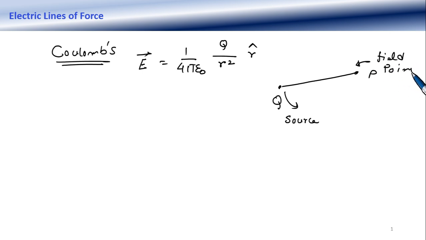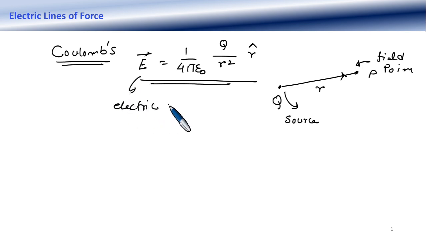So the distance between the source and the field point is r, and now the equation explains itself, and the direction is according to r cap. Okay, so this is the mathematical form of electric field.